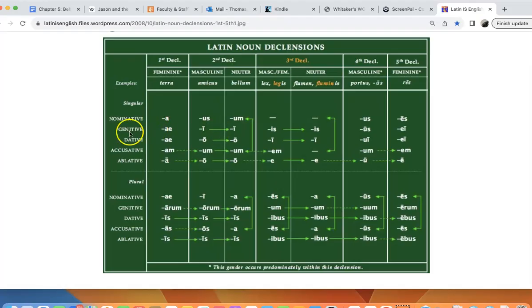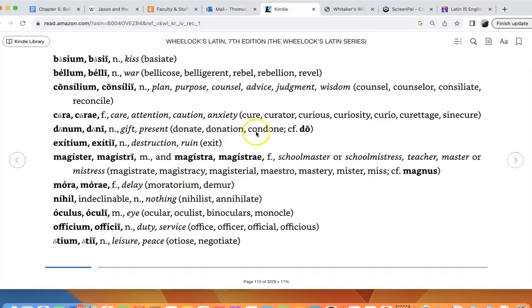Only the genitive indicates what declension a noun belongs to. Latin has a lot of repeated patterns, for example, ae and os, but only the genitive singular of the five declensions is unique. And so by learning the genitive singular, we're able to identify what declension a noun belongs to. But again, we'll talk more about that later.